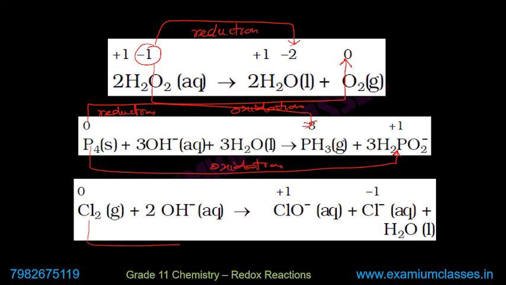Chlorine 0 to +1 oxidation, 0 to -1 reduction. So the definition is very simple. Examples are very simple. You need to just memorize these examples. A few examples are of nitrogen also. We will be talking about them later on.